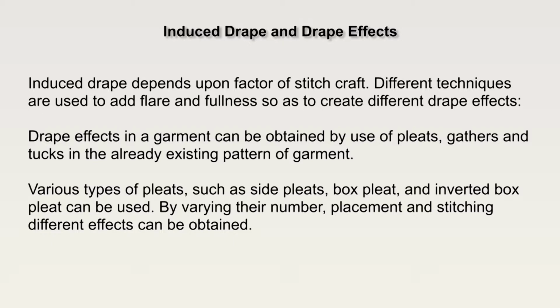Drape effects in a garment can be obtained by use of pleats, gathers and tucks in the already existing pattern of the garment. Various types of pleats such as side pleats, box pleats and inverted box pleats can be used. By varying their number, placement and stitching, different effects can be obtained.